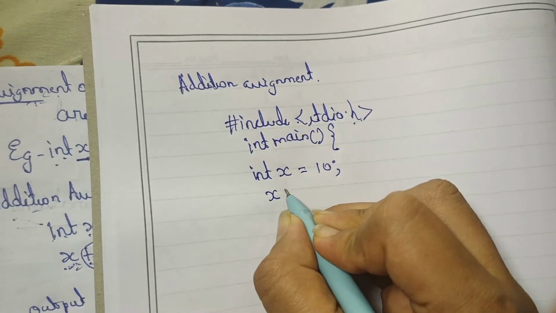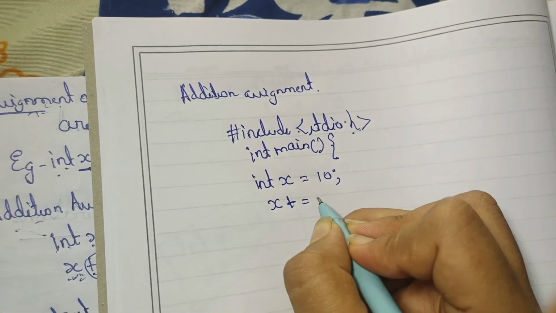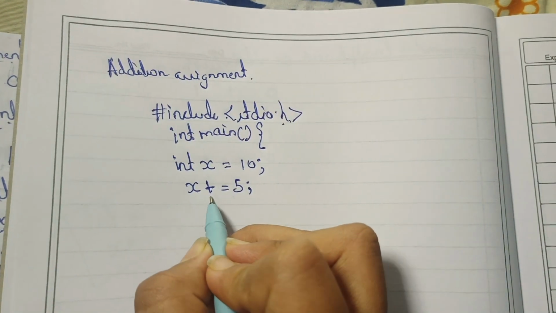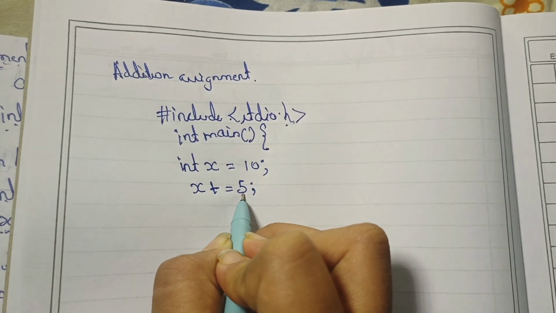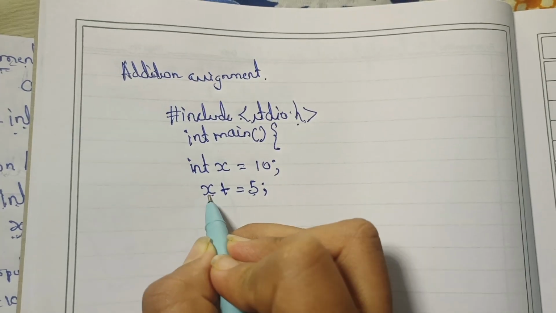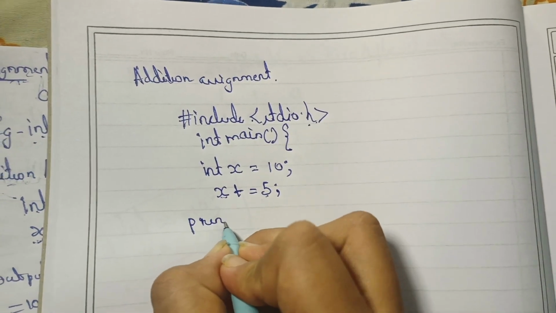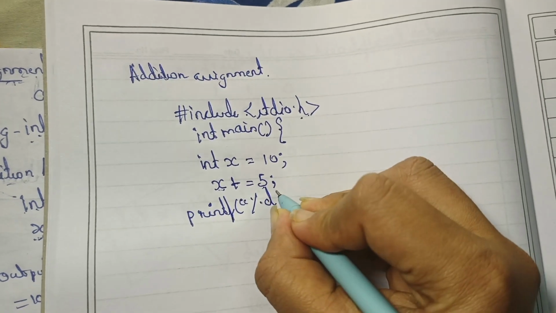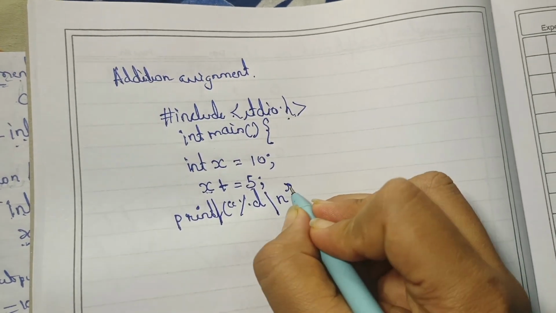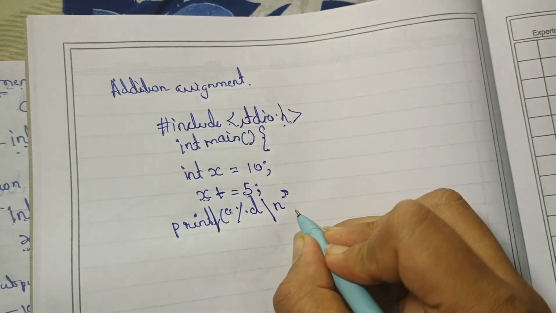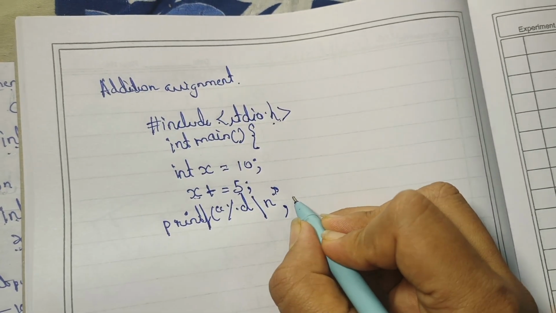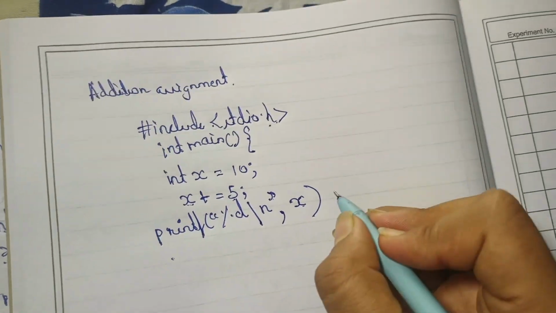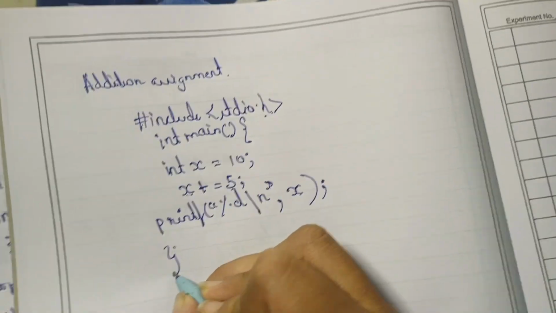After declaring, you have to add a value to the variable; whatever value you want to add, you write in this place. Now I want to print this, that is printf, format specifier because it is an integer, new line, close the double inverted commas, then just write x, the variable. Then write a semicolon and close the curly braces.